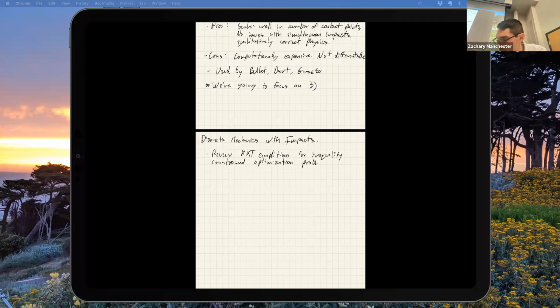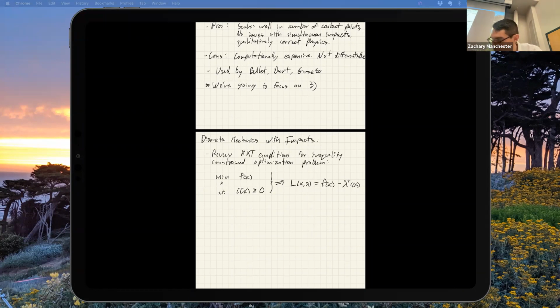All right, so here's what these look like. We have min over x of some f of x subject to some constraint c of x greater than or equal to 0. We're going to form the Lagrangian in the optimization sense. This is where this gets really annoying: we have the Lagrangian from mechanics, and then we have the Lagrangian from optimization.